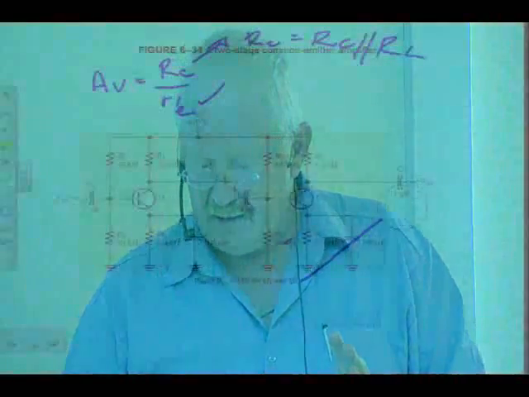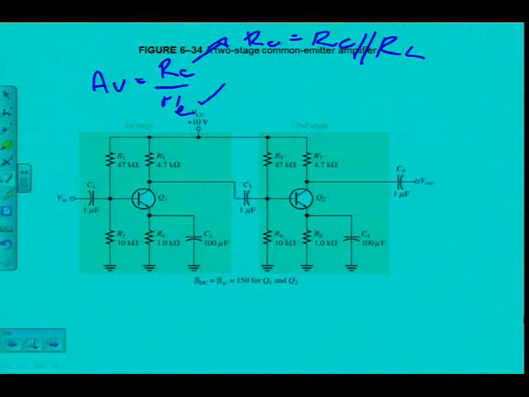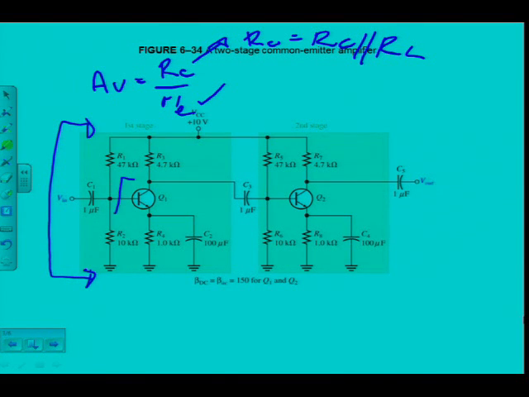Let me just clean this again. Now I removed the load resistor and I connected another identical stage of this amplifier. You could all see that now. But when we started with this single stage amplifier, what did we calculate first over here?